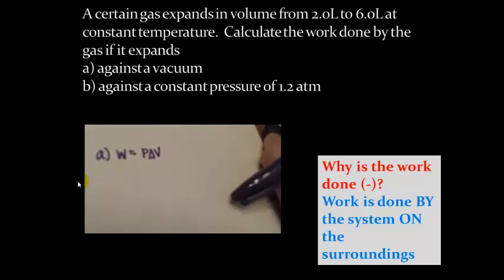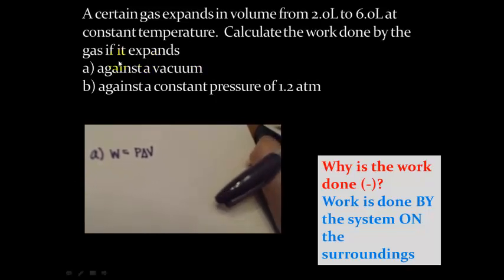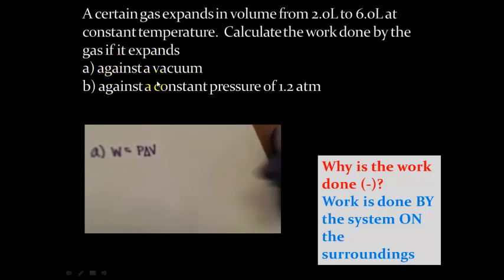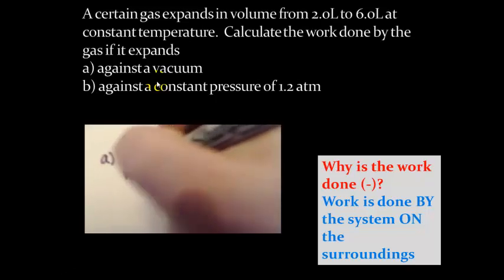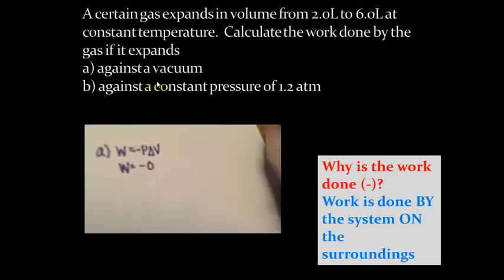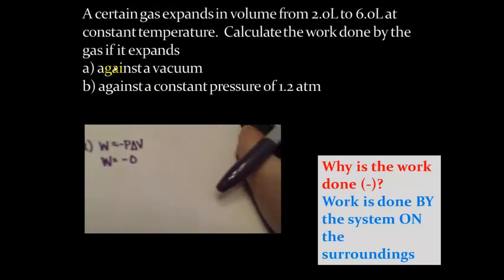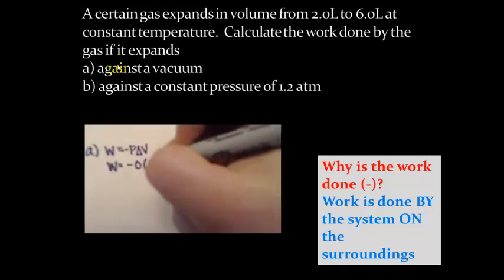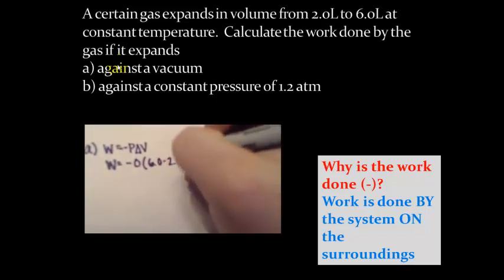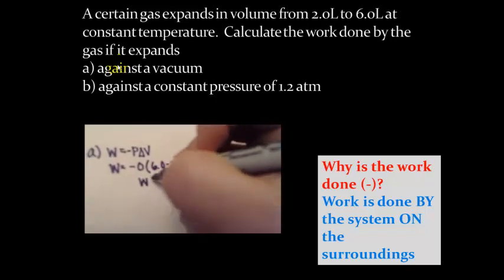And so if we're expanding against a vacuum, there is no pressure. So P will just be equal to 0. So work will be equal to negative 0 times the change in volume, so 6 liters minus 2 liters. And so the work done will be 0.